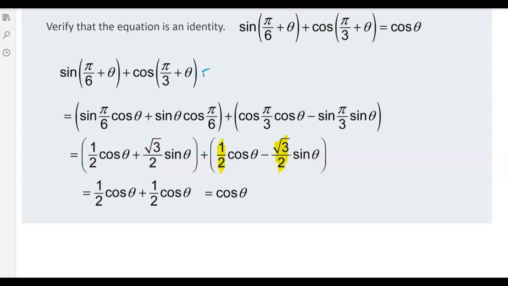Now we're going to combine things together. Look at this. This is square root of 3 over 2 times sine theta, and this is negative square root of 3 over 2 times sine theta. Those two are going to cancel each other and be gone. And so we're just left with two sets of 1/2 cosine theta, and we add those together to get 1 cosine theta. So this identity is proved.